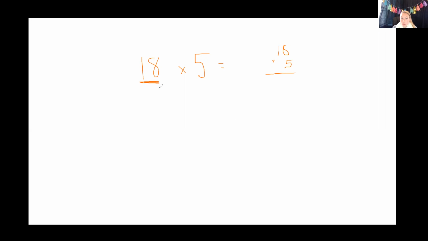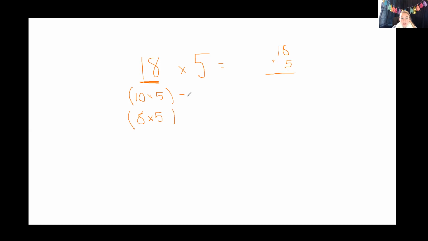I'm going to break 18 into 10 and 8 because I know 10 plus 8 equals 18, and I definitely know the 10's facts and I know the 8 facts as well. So here I'm going to say 10 times 5 and 8 times 5, multiplying the numbers that I broke up by 5 because that's also a friendly number.